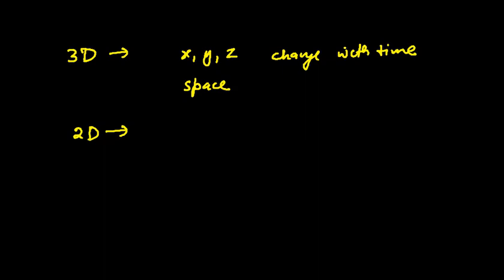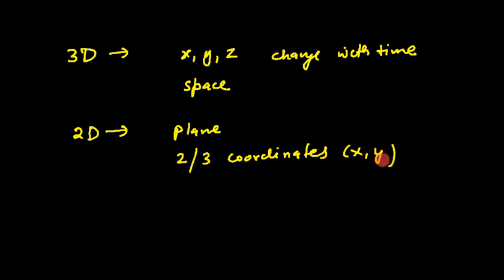Now let's talk about two-dimensional motion. The motion of an object in a plane is two-dimensional motion. Here two of the three coordinates, let's say x and y, are going to change with the passage of time.